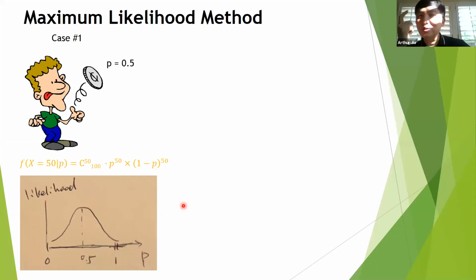We don't know the real parameter, but we can do the experiment repeatedly many times, get the data, and let the data speak. Then we can use the data to estimate the parameter value through this MLE. Do you like MLE? All right, good. So this is the first, simple case.